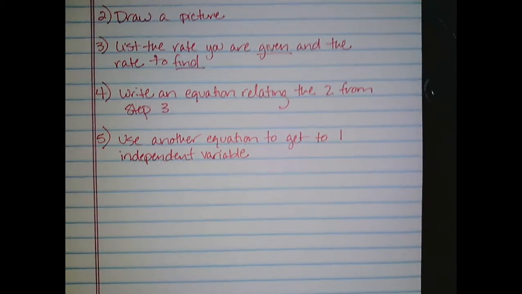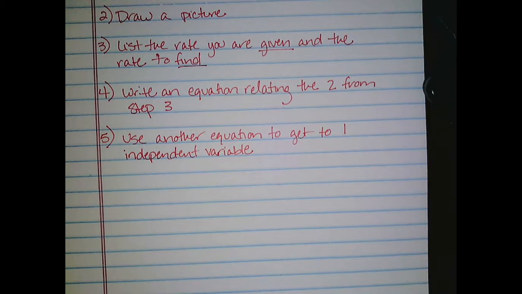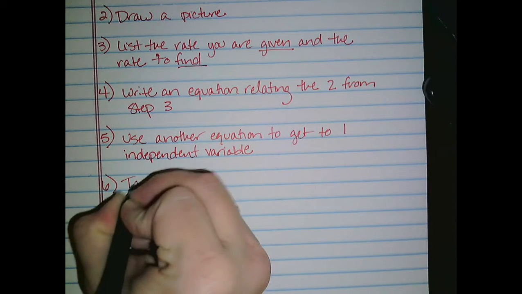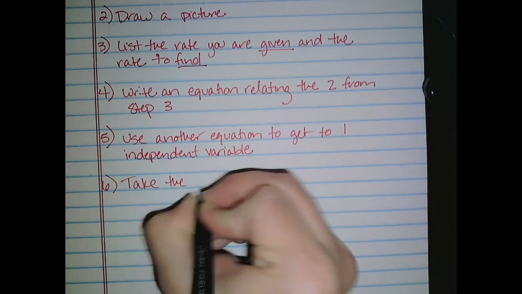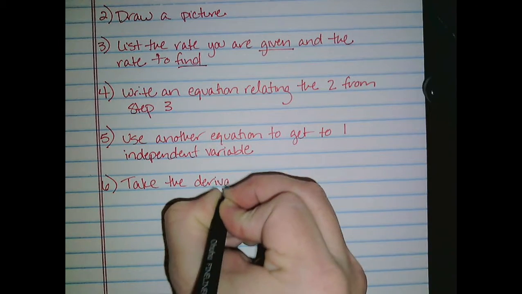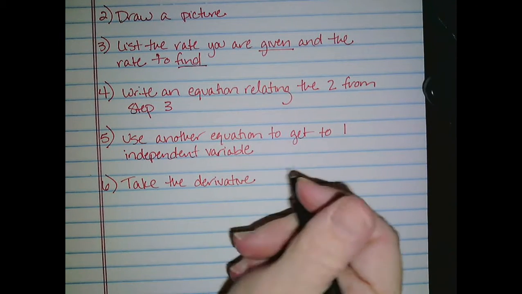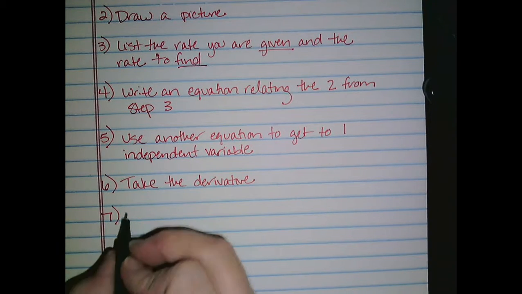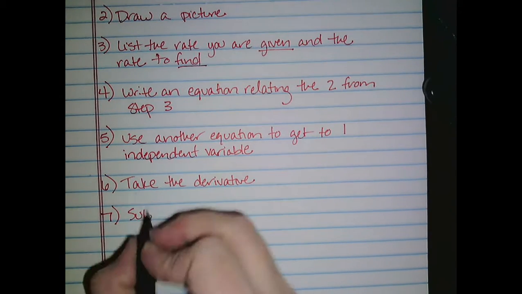Once we've gotten down to the variable we know about and the variable whose rate we want to know about, then at that point we're ready to relate those two rates to each other by taking the derivative. Once we've taken the derivative, we can take the information that we're given and substitute to solve.